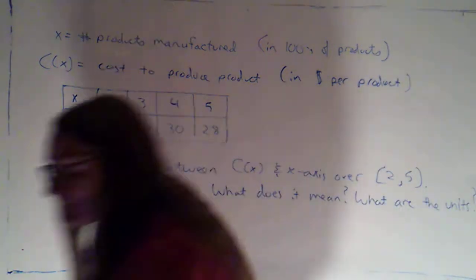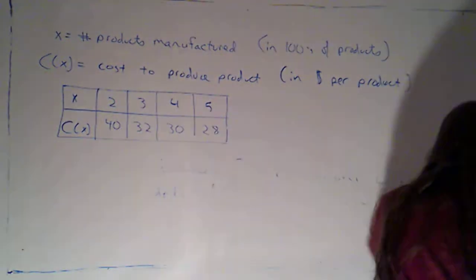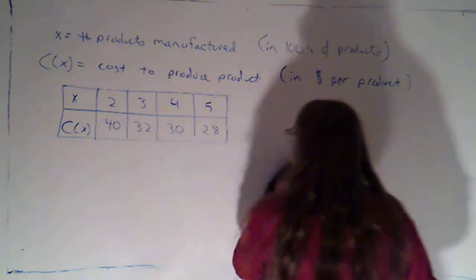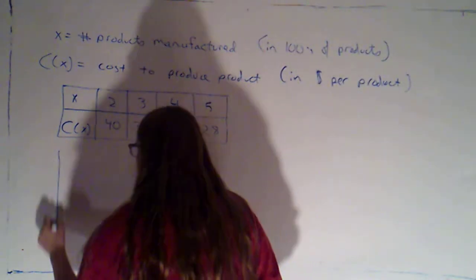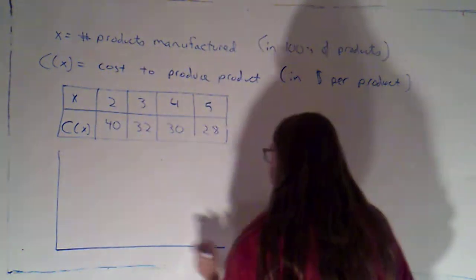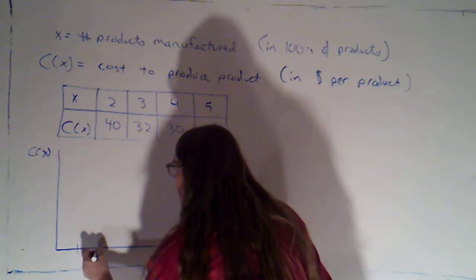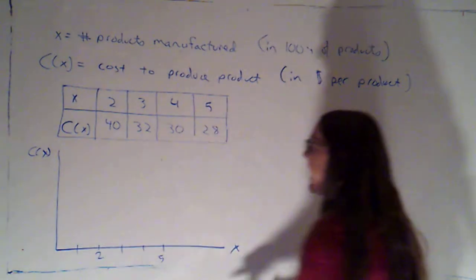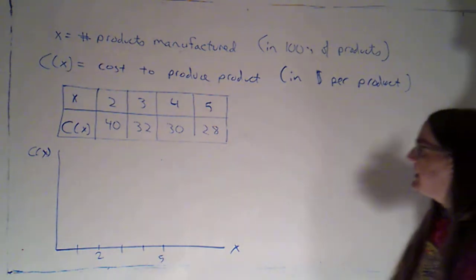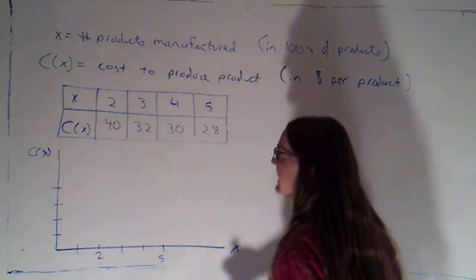Welcome back. Okay, so I like to have a picture. Here's my x-axis and here's C of X. And let's see, here's 2, 3, 4, 5. I'm concerned with that interval. I'm going to let my tick marks be 10.